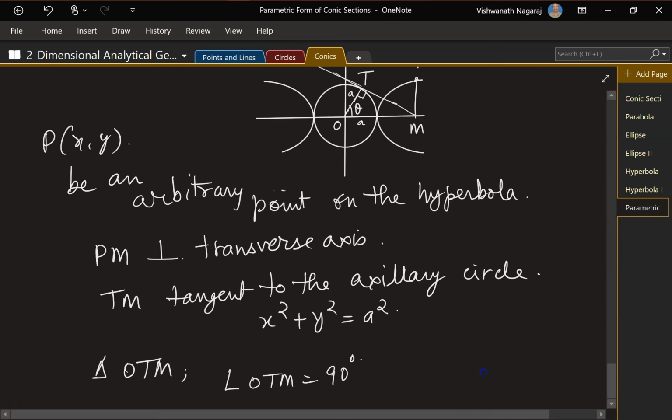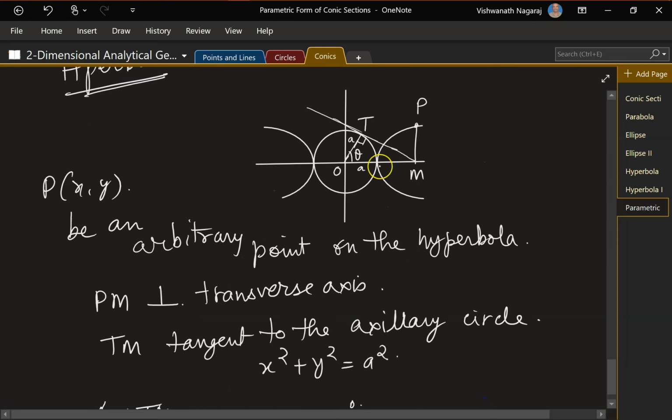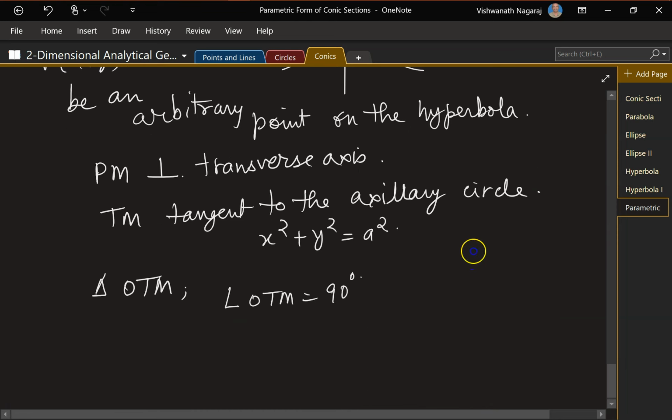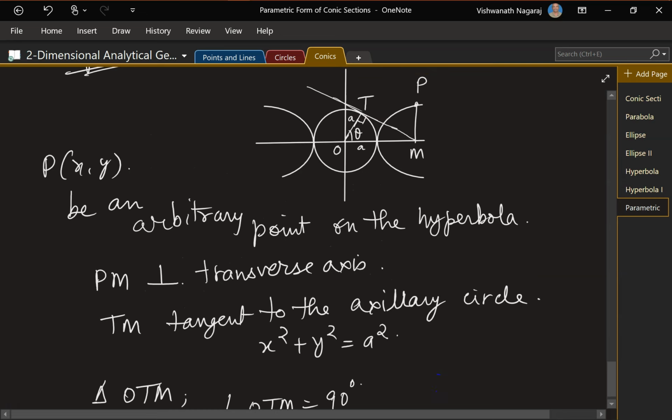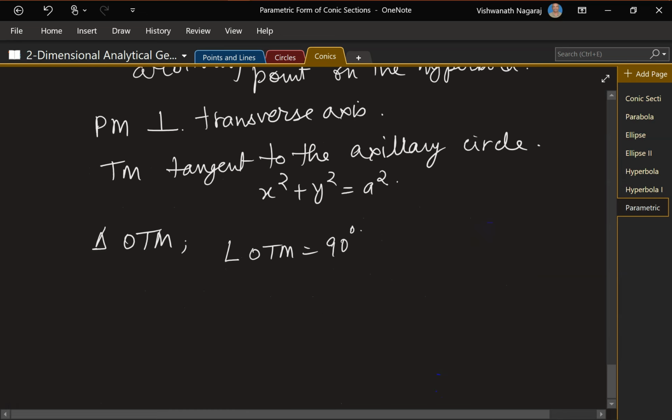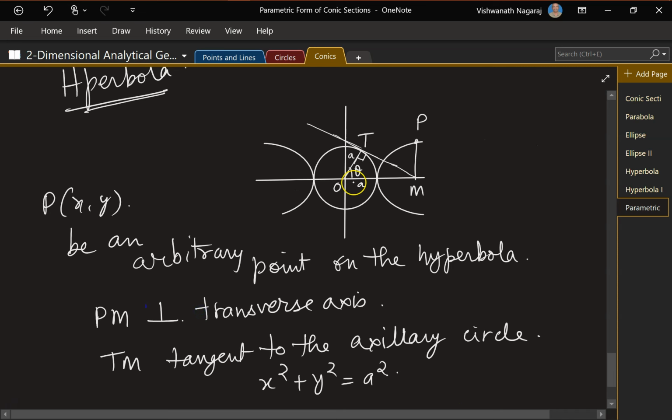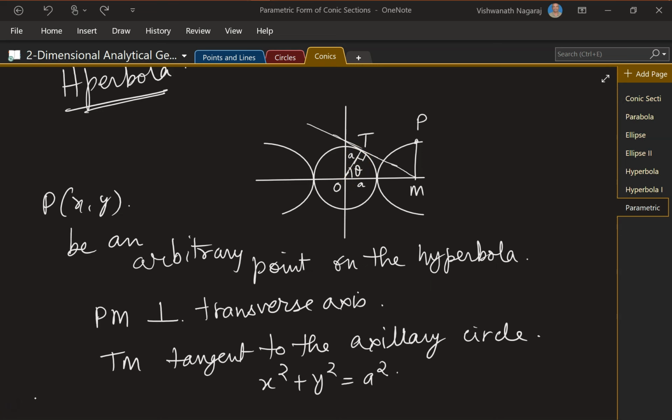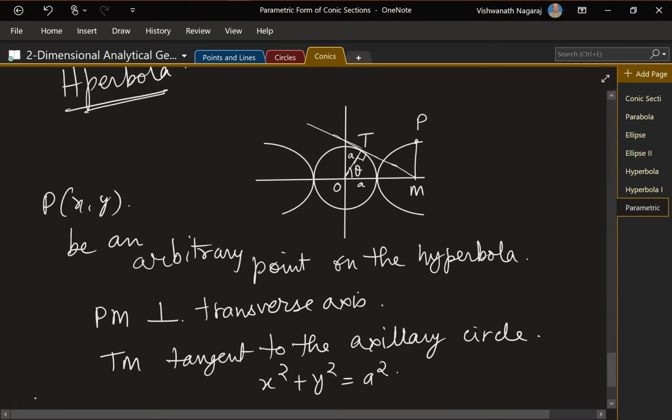So now, what are we interested in? We are interested in OM, right? So OM is the hypotenuse in this triangle. So let's take cos theta, and more importantly, what do we have? We know A. So A here is OT, right? And OT is the adjacent side. So that is the reason why we take up cos theta.